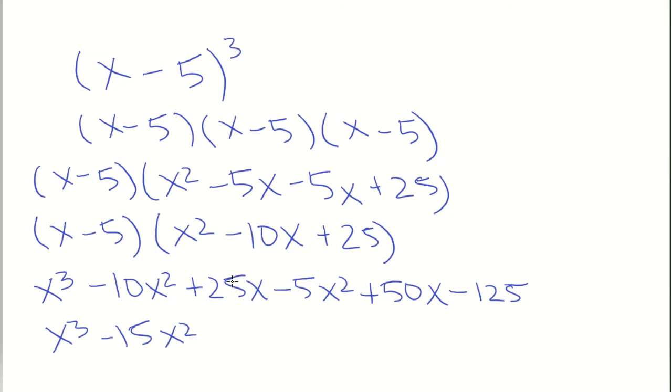And you've got a 25x and 50x, so that's 75x, positive. And then the only thing left is that minus 125, so you put that at the end. And that is already in the correct order.